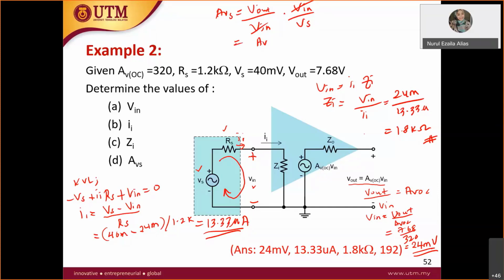Yes. Same answer? Great. So you can straight away calculate V out over VS because you have all the values just now. So V out is 7.68.